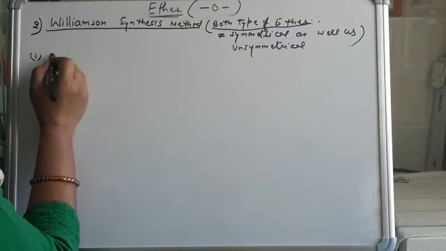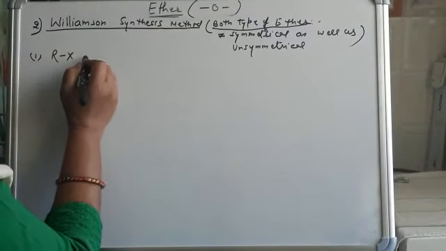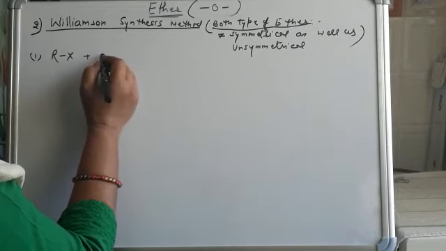At first, alkyl halide is treated with sodium alkoxide.